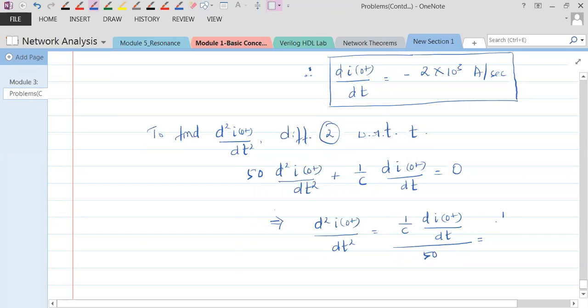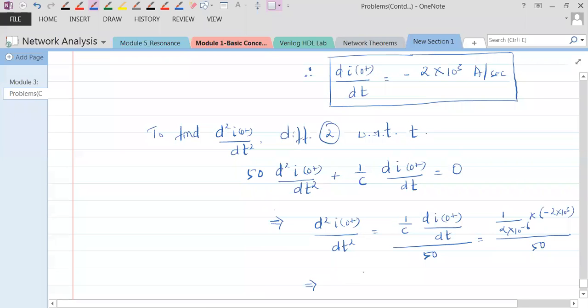So it's 1 by 2 micro into minus 2 into 10 power 3, divided by 50. Just take this down, everybody.